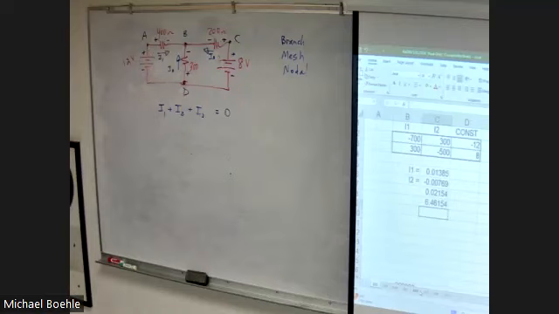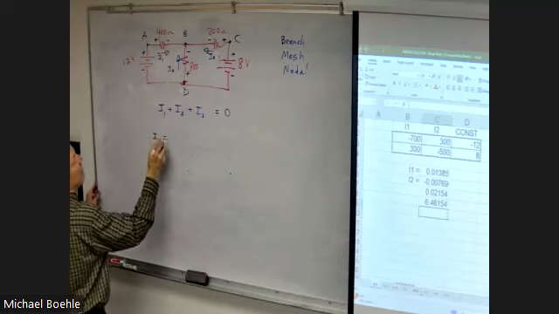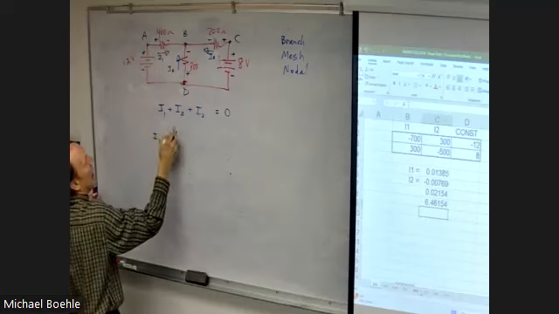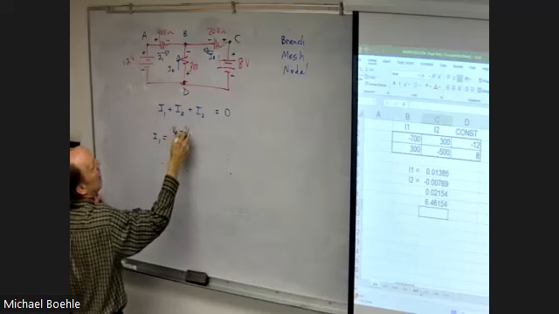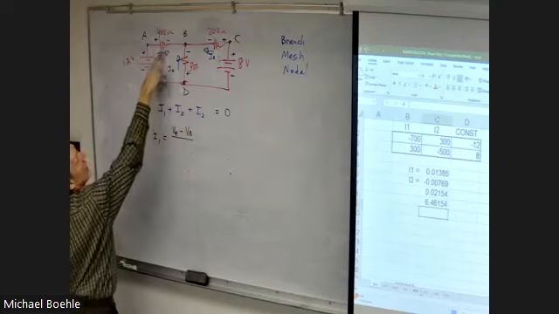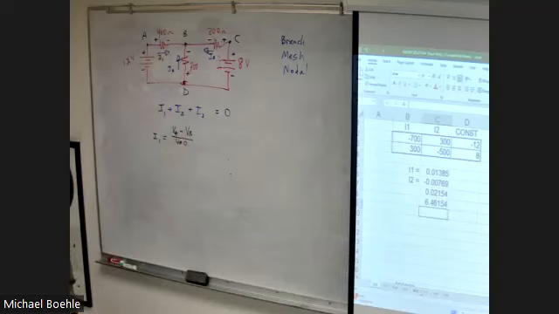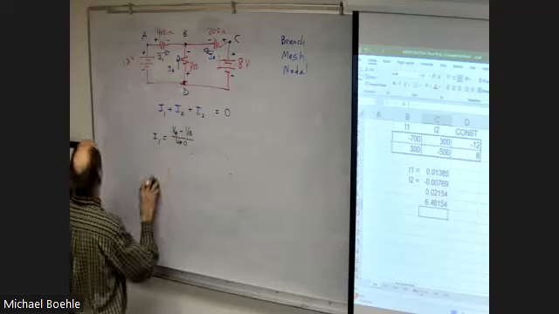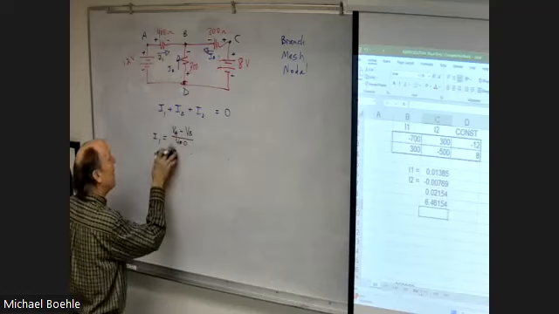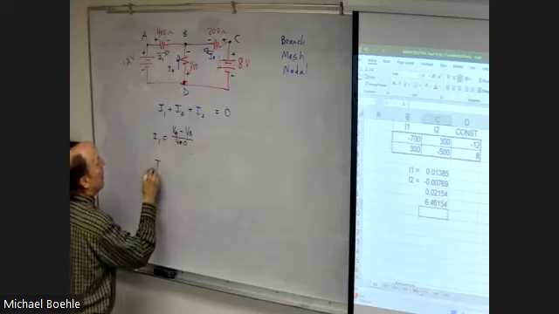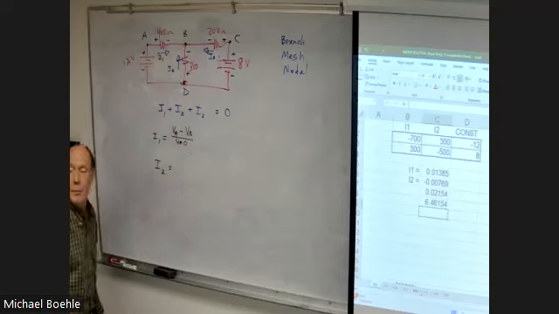Okay? So based on that polarity, I can define current 1 as the voltage at point A minus the voltage at point B divided by 400 ohms. Make sense? Okay. Now I'm going to make you guys work here a little bit. So based on that, what is current 2 equal to?